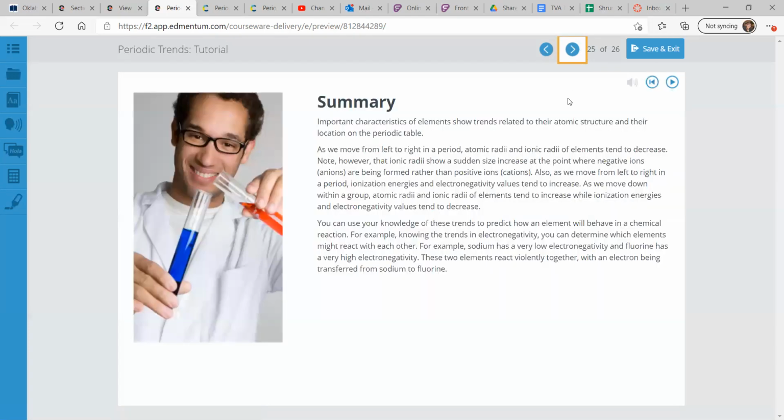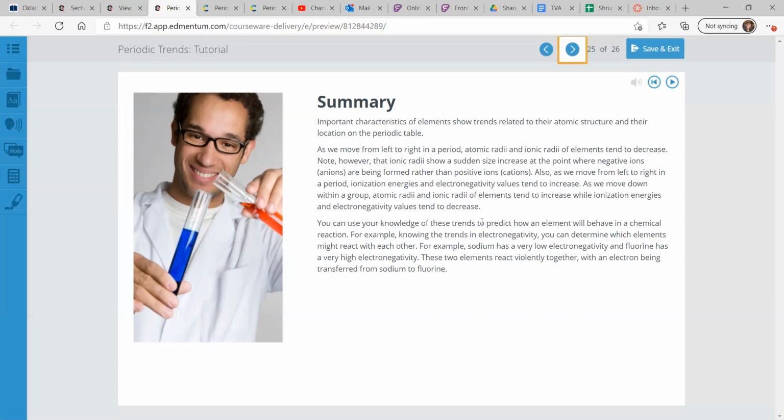And that brings us to the summary, everybody. We looked at important characteristics and the trends that they follow in the periodic table. As we move from left to right in a period, atomic radii and ionic radii of elements tend to decrease. Note, however, that the ionic radii show a sudden size increase at the point where negative ions, which are anions, are being formed rather than positive ions, which are cations.